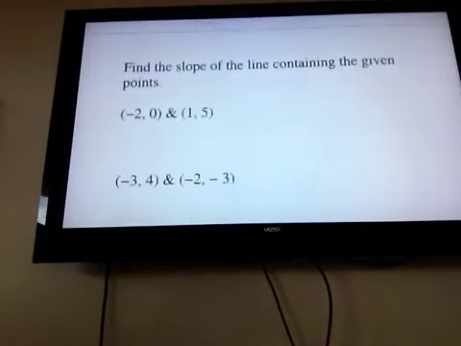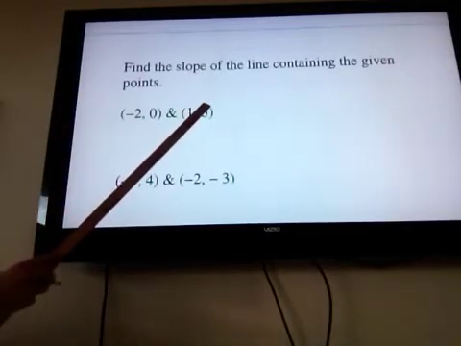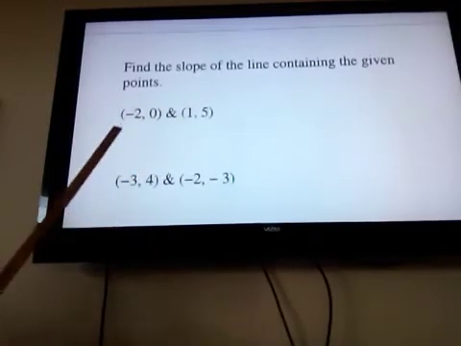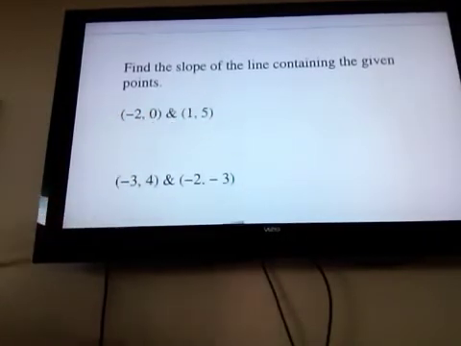All right, so find the slope of the line containing the given points. Again, it doesn't matter which one you do first. If you've learned that if this is written second that you have to go 5 minus 0, that is not true because I can move these ordered pairs around. Okay? You're just taking one of the y's minus the other y. The key is starting with the same x then. That's important.